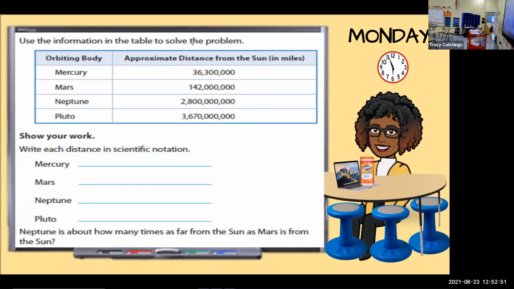All right, this one said use the information in the table to solve the problem. I'm gonna give you about a minute to see if you can write these 4 values in scientific notation. Think about what we just did with this last problem. Give you about a minute.